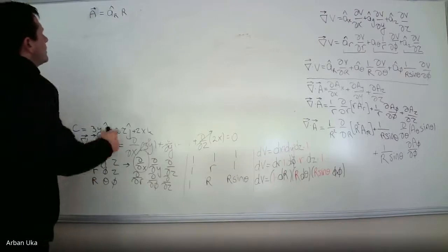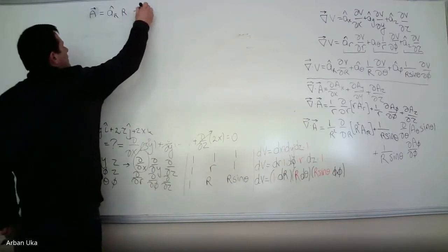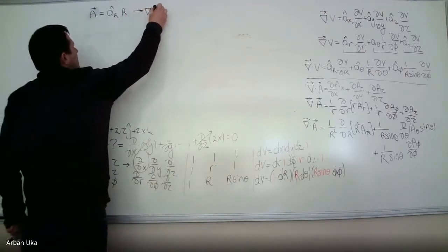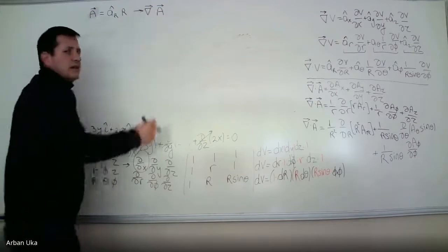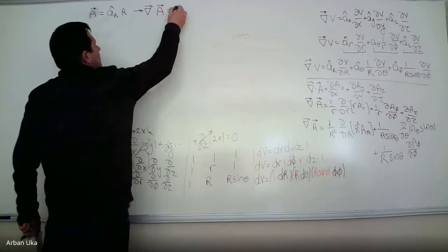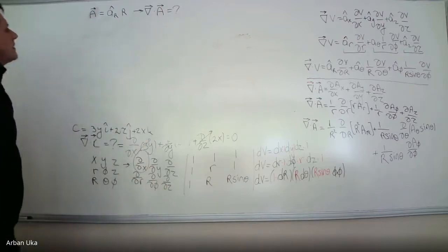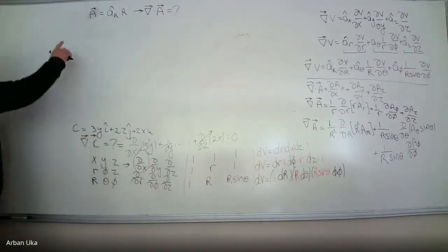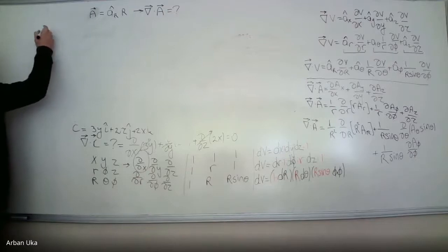So that's a vector in a spherical coordinate system. The question is, let's find the divergence of A. And then we know that any vector, we can write it like this.